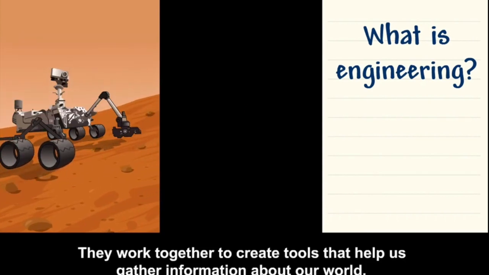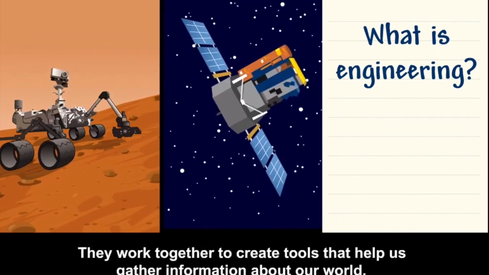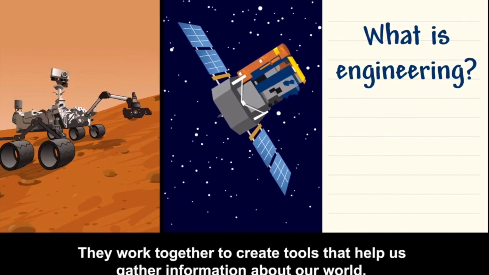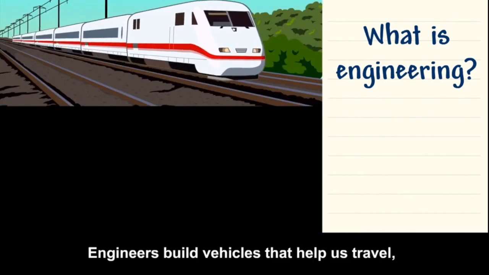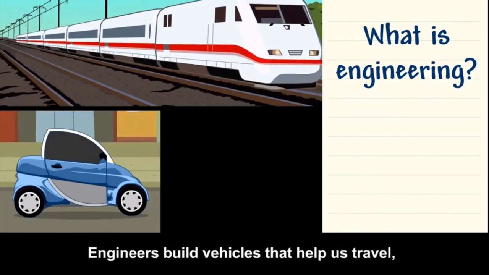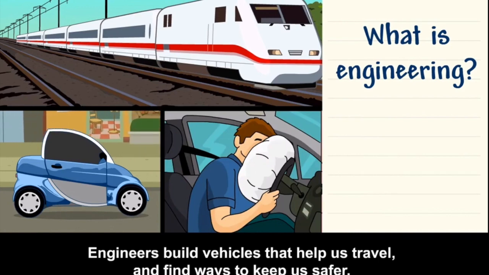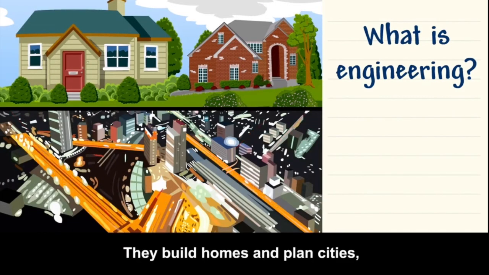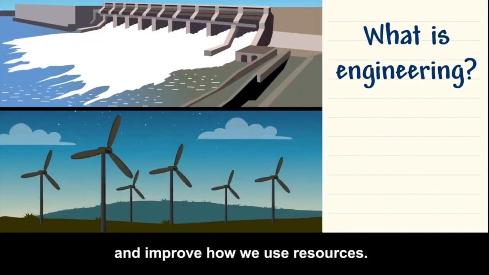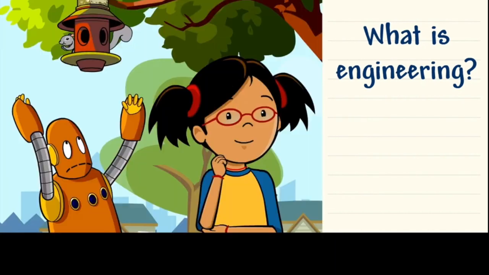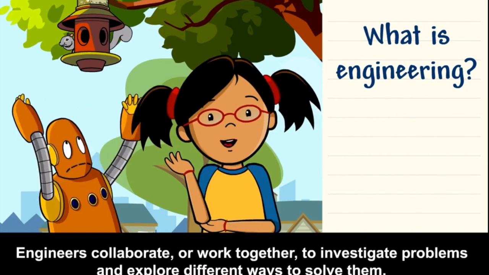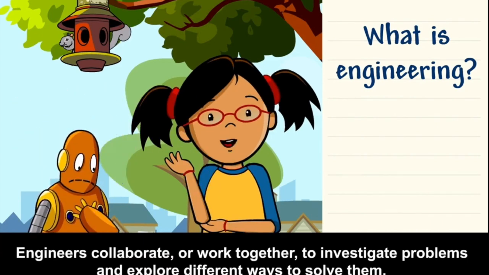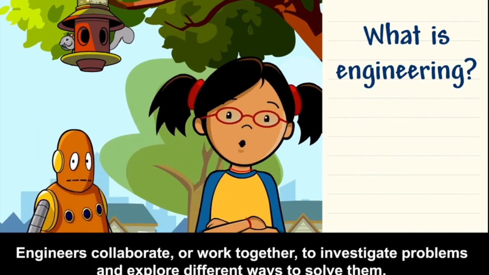They work together to create tools that help us gather information about our world. Engineers build vehicles that help us travel and find ways to keep us safer. They build homes and plan cities, and improve how we use resources. Engineers collaborate or work together to investigate problems and explore different ways to solve them.